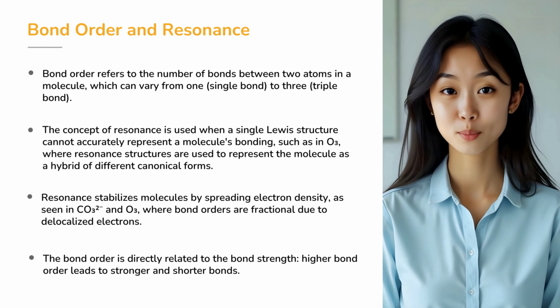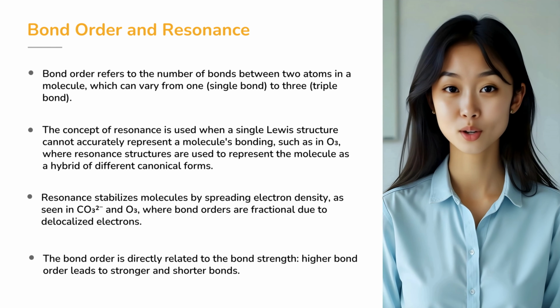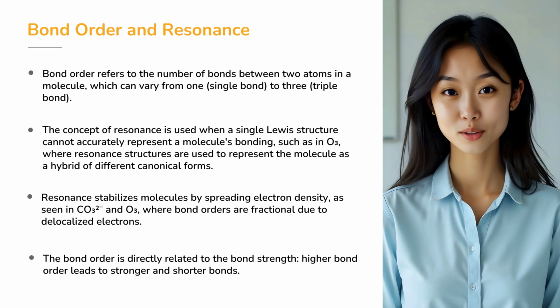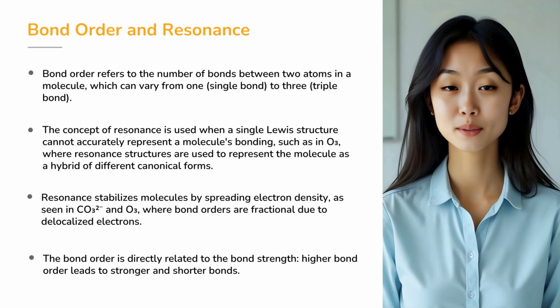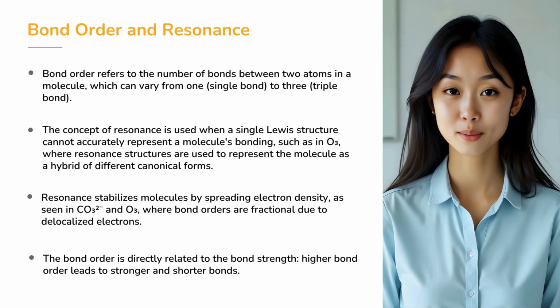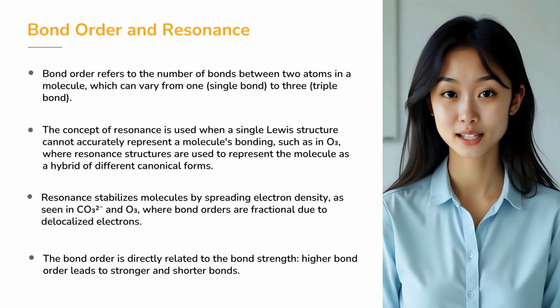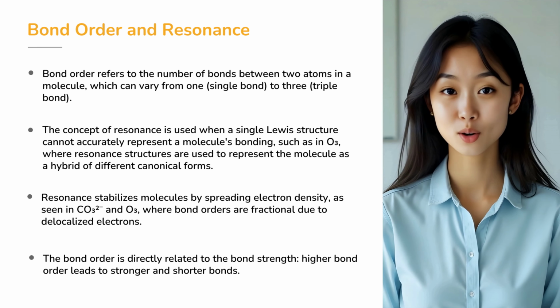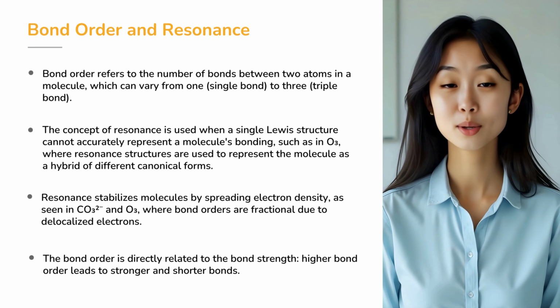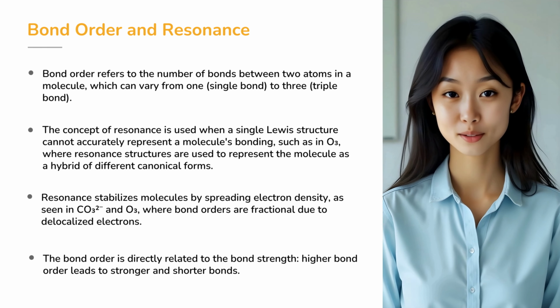Now, not all bonds fit neatly into one bond order. Take ozone, O3, for example. It doesn't just have single or double bonds. Instead, it's best described as a resonance hybrid, where the electrons are delocalized across the molecule, making both the oxygen-oxygen bonds intermediate between single and double bonds.